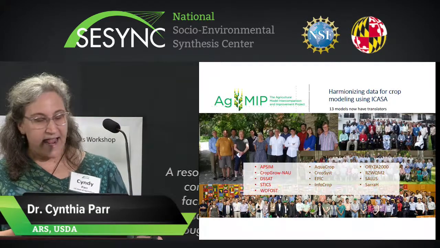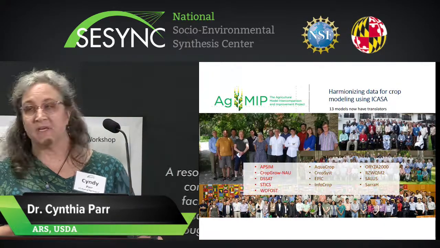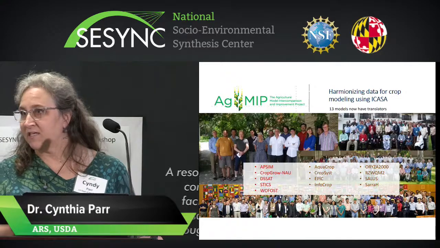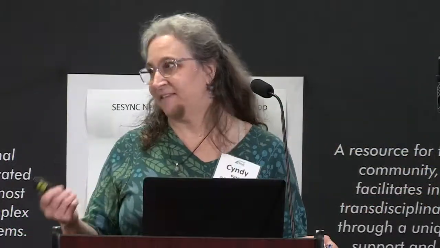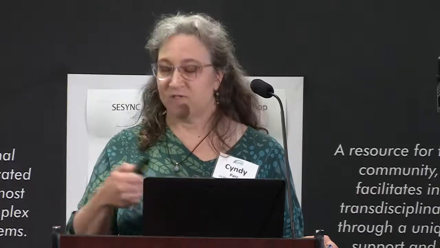So they basically now have some tools that can be used, but these have all been relatively short-term NSF or other kinds of funding, and so they can't sustain this infrastructure. And so that's why they're now working with us.